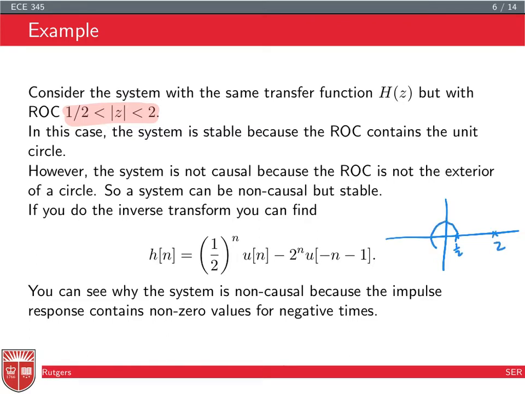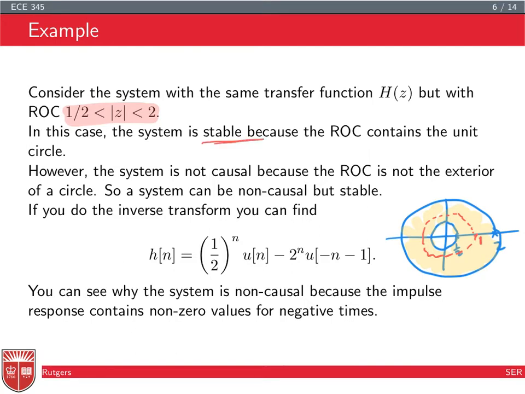The ROC is this part here, between the two circles, and now you know that the signal is double-sided in this case. Now the ROC does contain the unit circle, so this means that the system is stable.